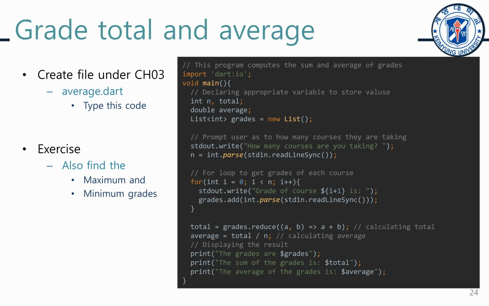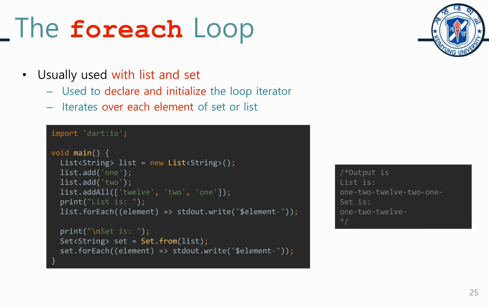Let's get back to our discussion. So the for loop can have another format. Instead of using declaration of initialization, condition, and update, we can use the for each loop. In this case, the most important part is to use the for loop with list and set.